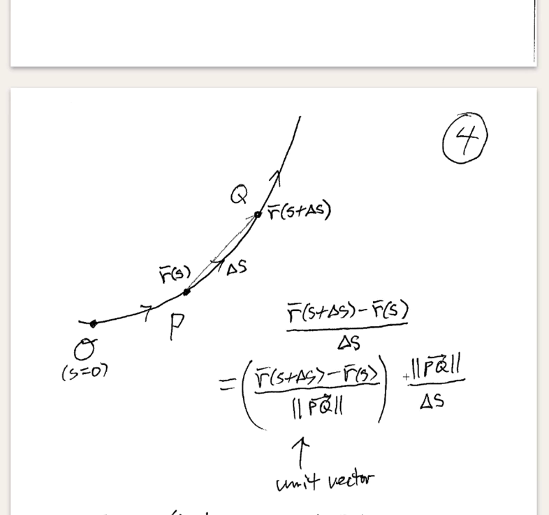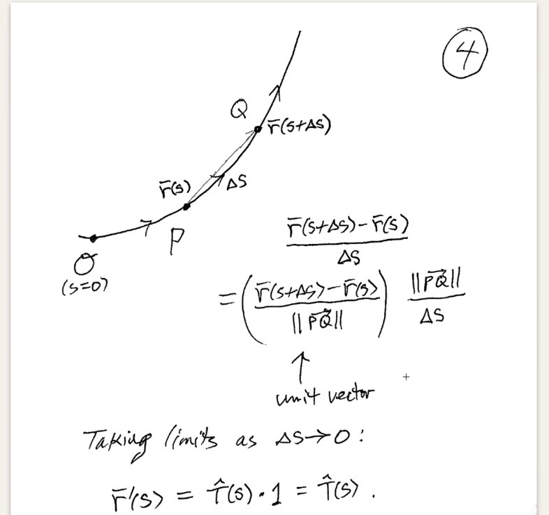Let's talk about another way to give you the idea here. Suppose I have my parameterized curve. Here's the initial point at what I'm calling O. And then we're moving along that curve with increasing values of s.